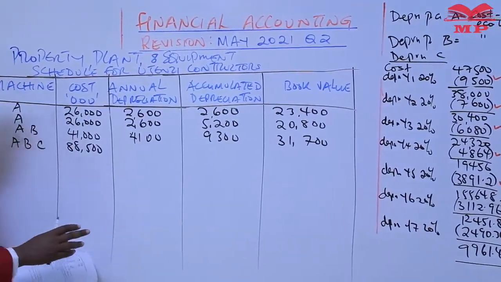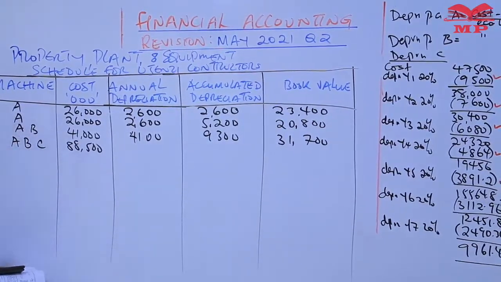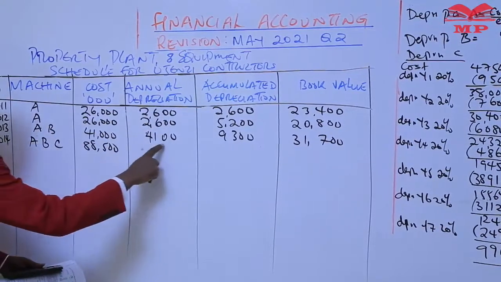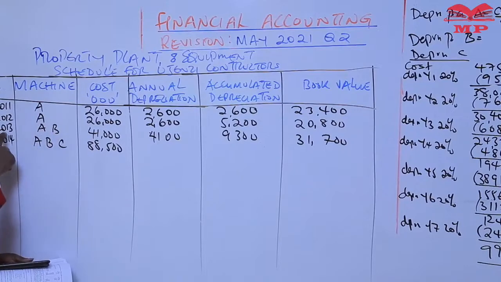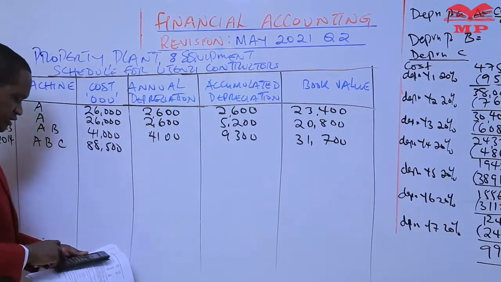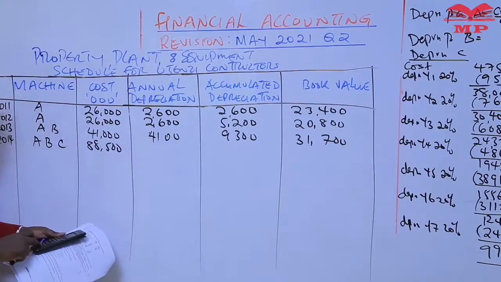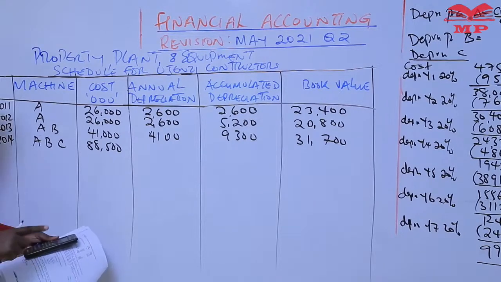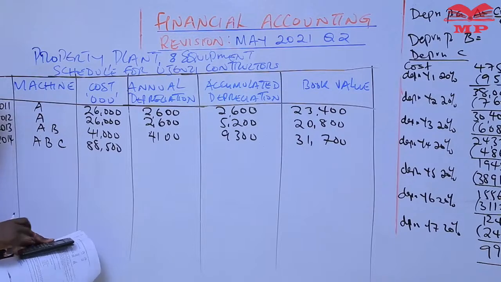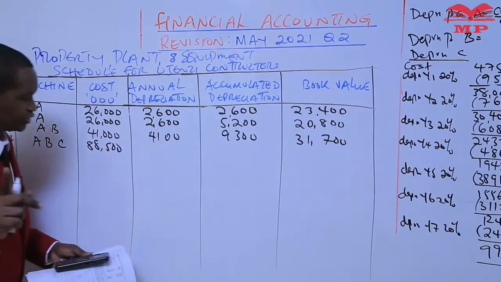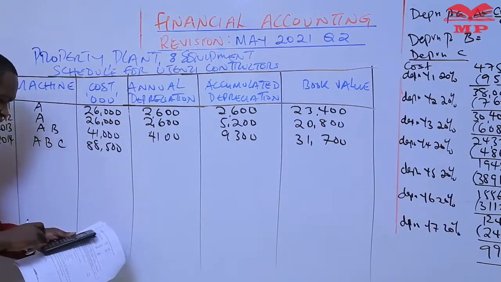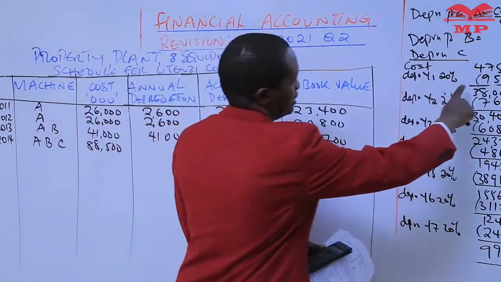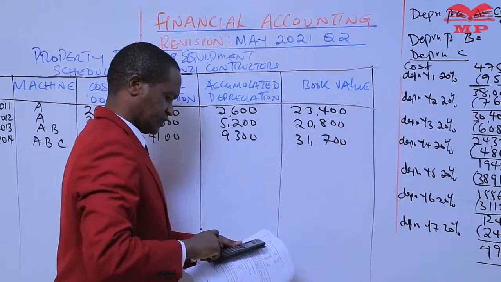There are many ways to go about it, but let me take it slowly, because here we already have the annual depreciation for machine A and B. We add the annual depreciation for machine A, which we know is 2,600, then the annual depreciation for machine B, which is 1,500, plus the annual depreciation for machine C, the first year, which is 9,500.